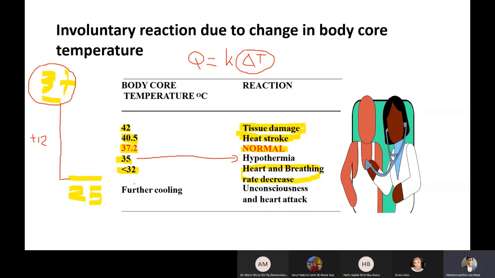Another condition is that the temperature profile is like this. We don't feel the 25 here. We probably feel 30, 32. We will have an equation to calculate this.